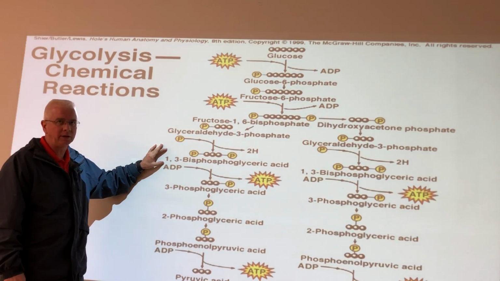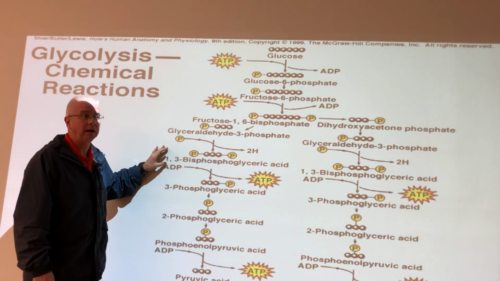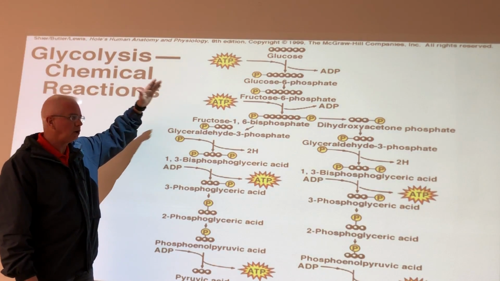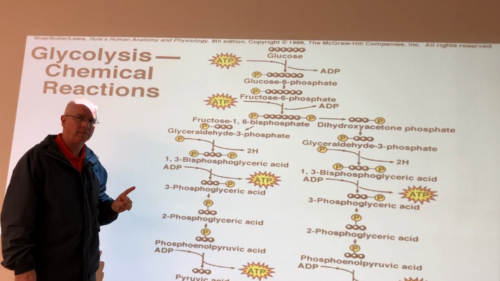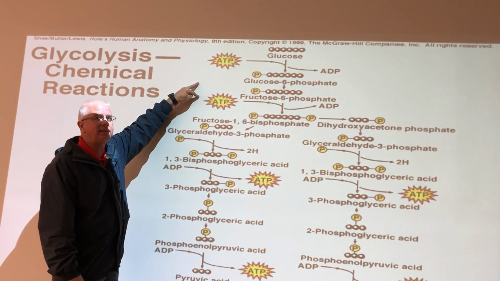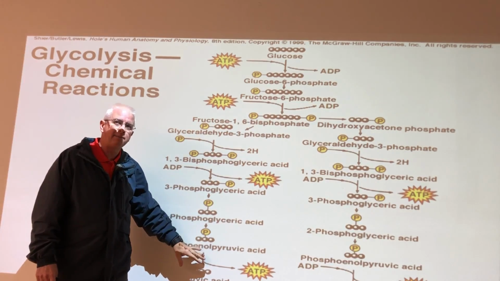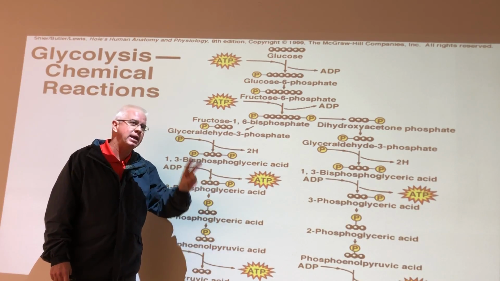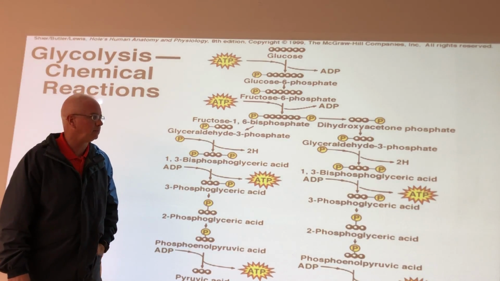This one will come up again in your lives, so you know it's important because it binds to hemoglobin and causes oxygen to let go. So glucose is converted into pyruvate, 1,3-BPG is important, and the other real take-home message here is you have to use 2 ATPs to get the system started. You produce 4 ATPs as a result of that, for a net gain of 2 ATPs during the glycolytic pathway.